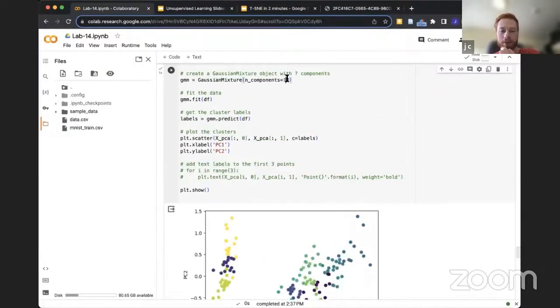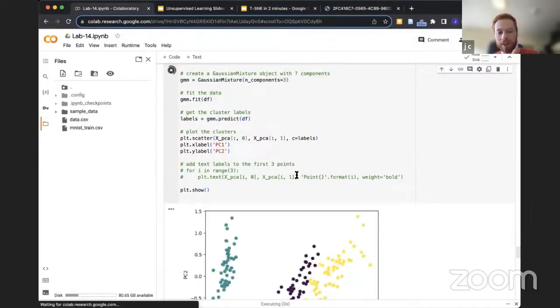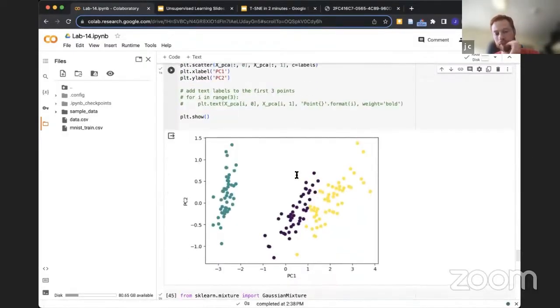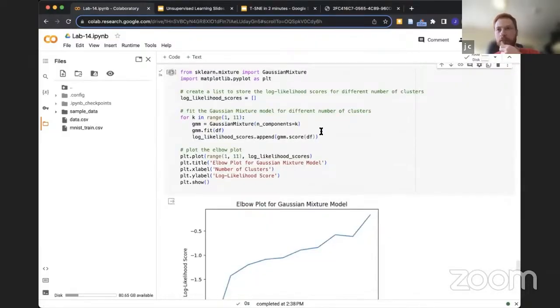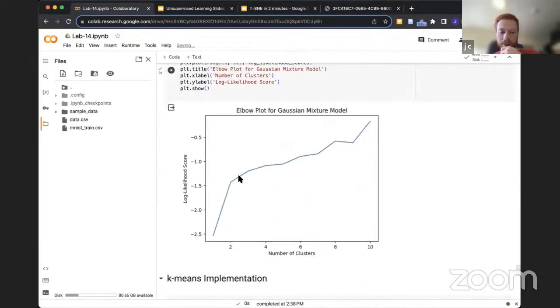So I think 2, 3 are the very sensible choices here, as most of you suggested. From the elbow plot, 2, 3. It's actually very difficult to tell apart if there are 2 clusters here or not.